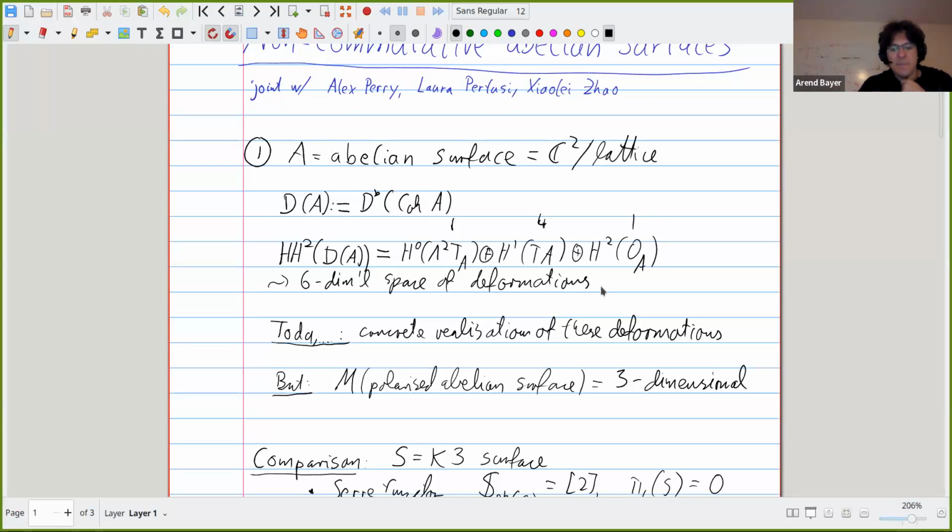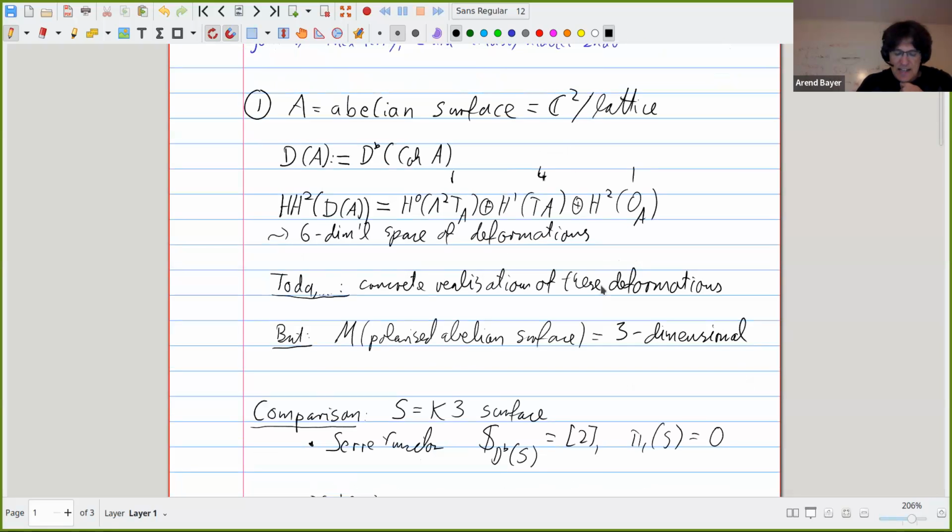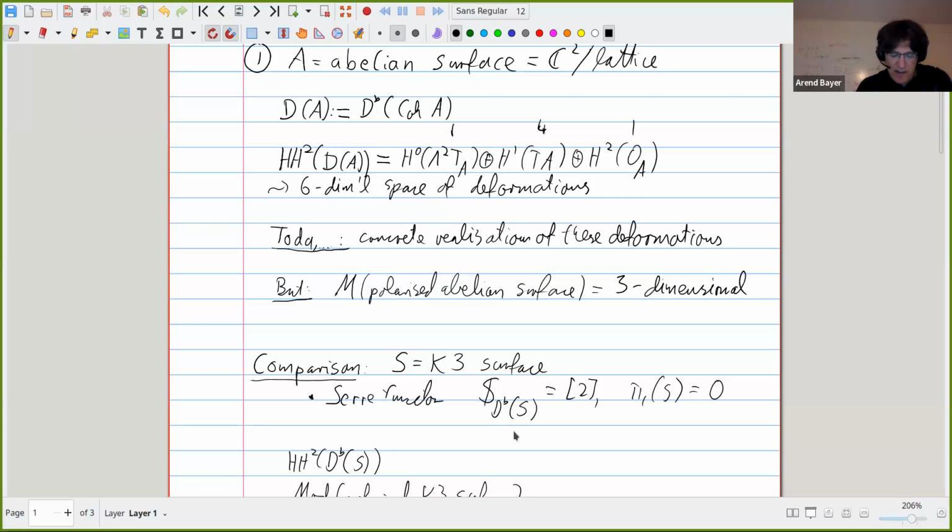For motivation, let me first give you the comparison with the case of K3 surfaces. A K3 surface is a K-trivial surface, so the Serre functor of its derived category is just shift by 2, and it's simply connected: a K-trivial surface with trivial fundamental group.